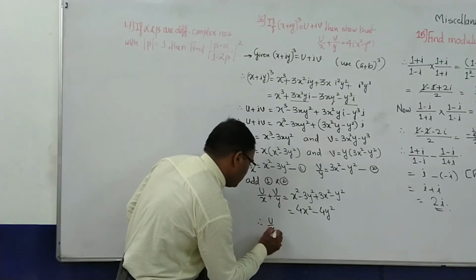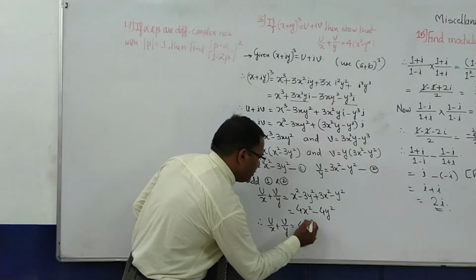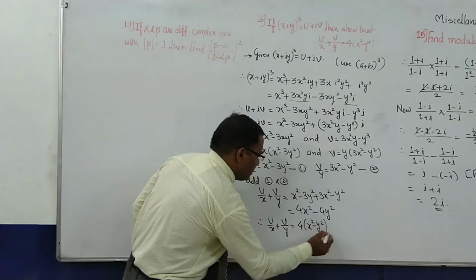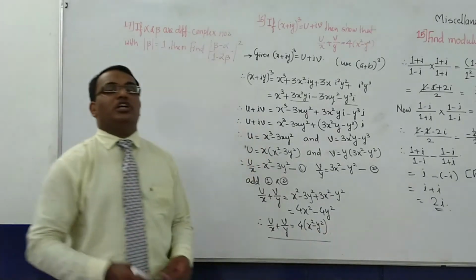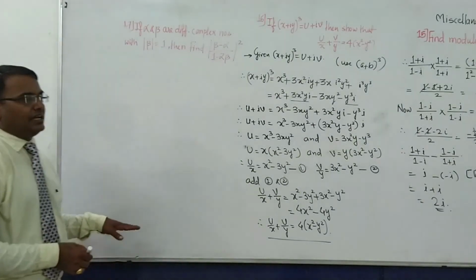So u upon x plus v upon y is equal to 4 common, then x square minus y square, which is your required answer. Okay, which is easy to understand.